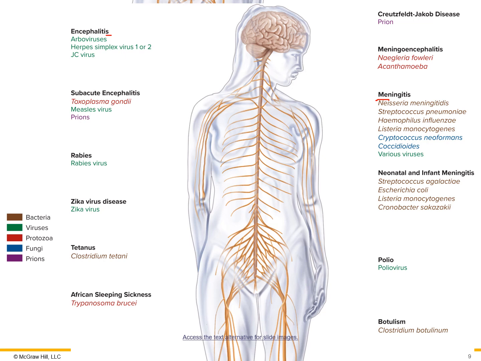And then some other diseases like rabies, the Zika virus, tetanus, African sleeping sickness, botulism, polio, and again our prions up here. So it's divided into 3 sections. We have meningitis that we'll talk about, encephalitis, and then other diseases in the nervous system.